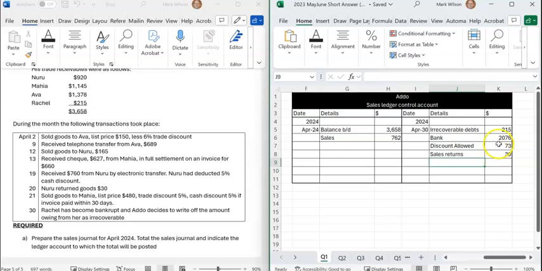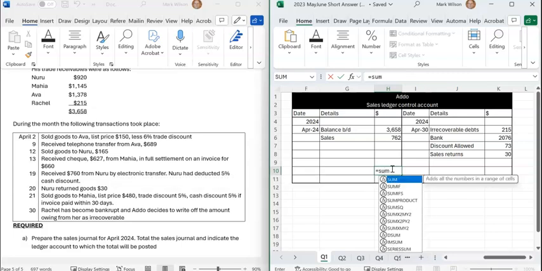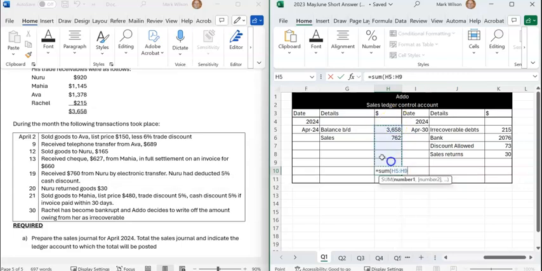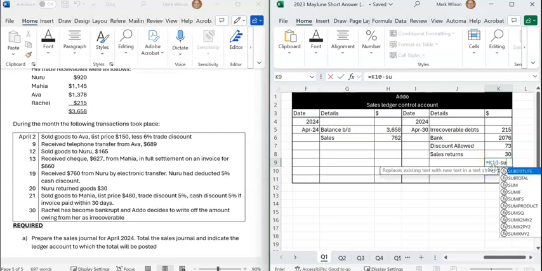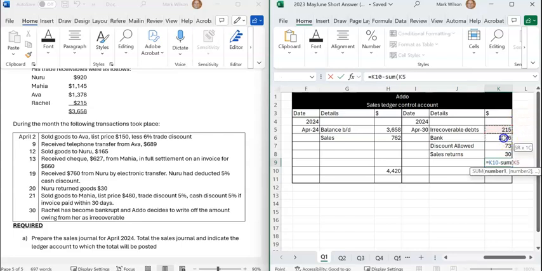I'm going to total our higher side, which looks like it's going to be this side. Transfer that figure across and find the balancing figure. And so this one here is going to be a balance that we're going to carry forward, which becomes next month's opening balance.